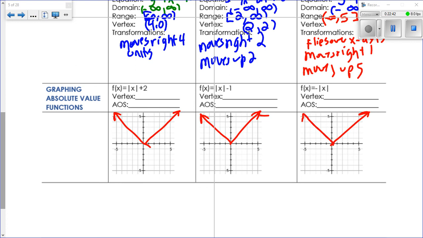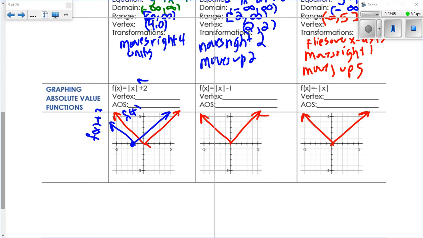So parent function's in red. I'm going to do the new function in blue. So if I have f of x equals the absolute value of x plus 2, I'm going to move left 2. So my new vertex is here. And this is my new graph. This is f of x plus 2. This is f of x.